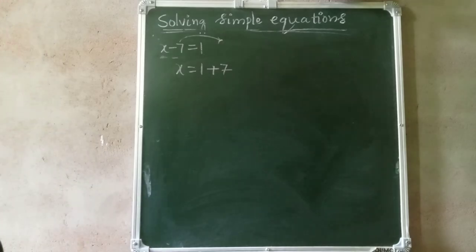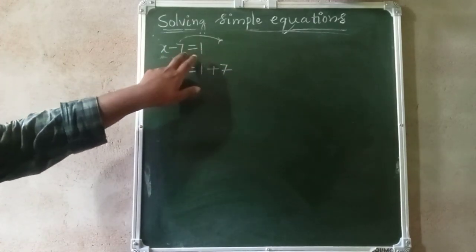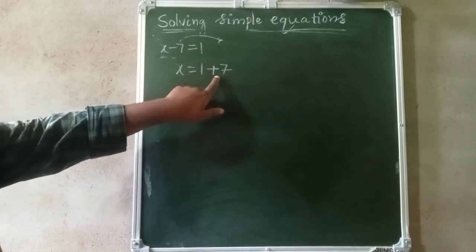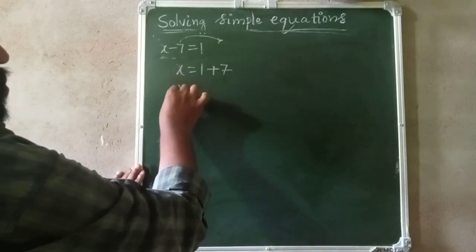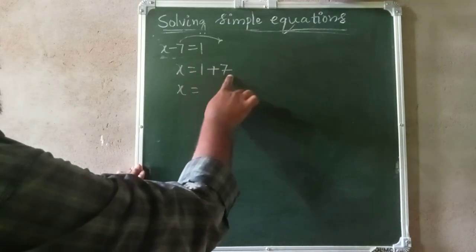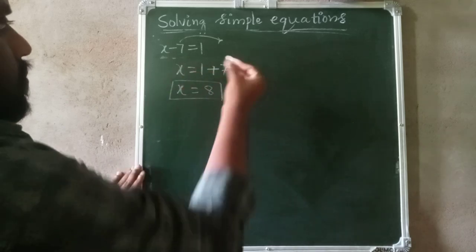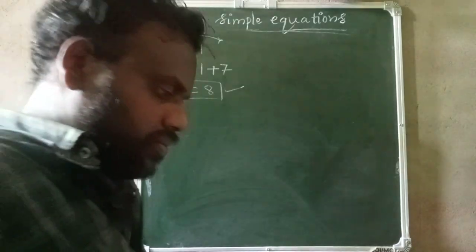Minus 7 will move to this side and become plus 7. That means 7 will be as it is; the minus changes to plus. So next step, x is equal to 1 plus 7, which is 8. Now x is equal to 8 is the answer.